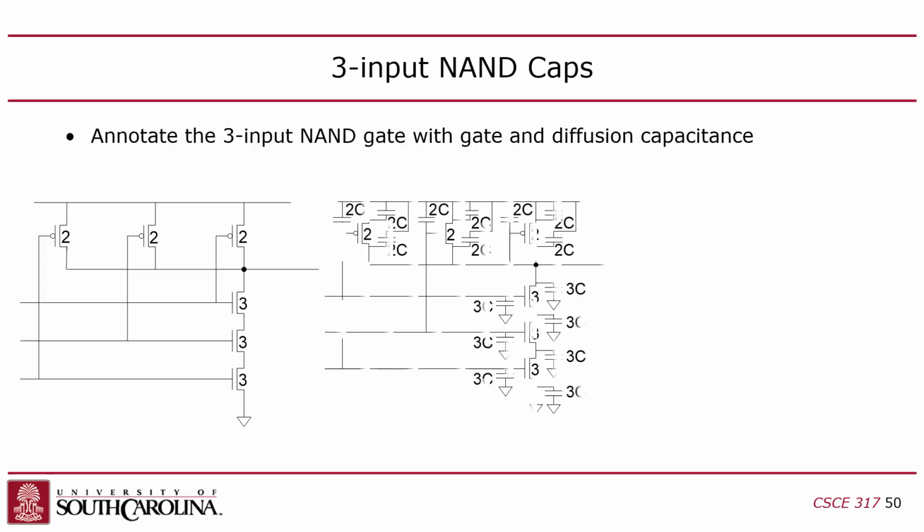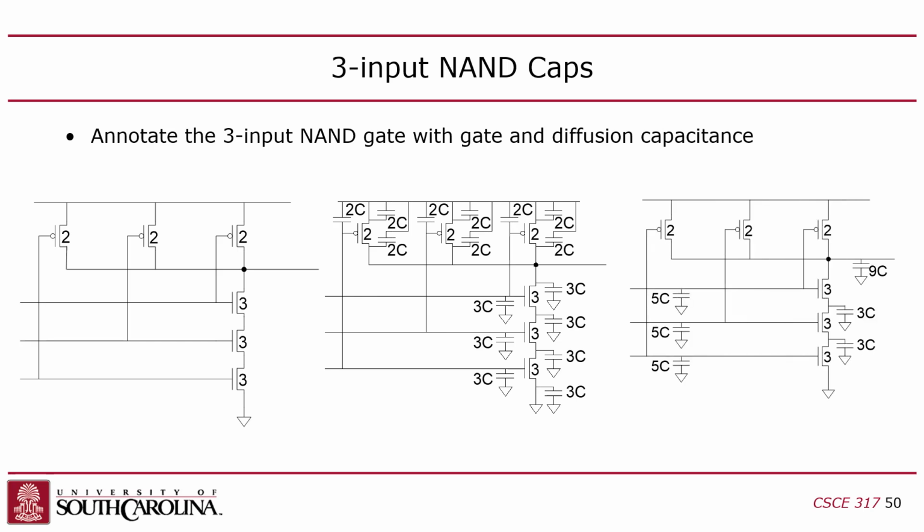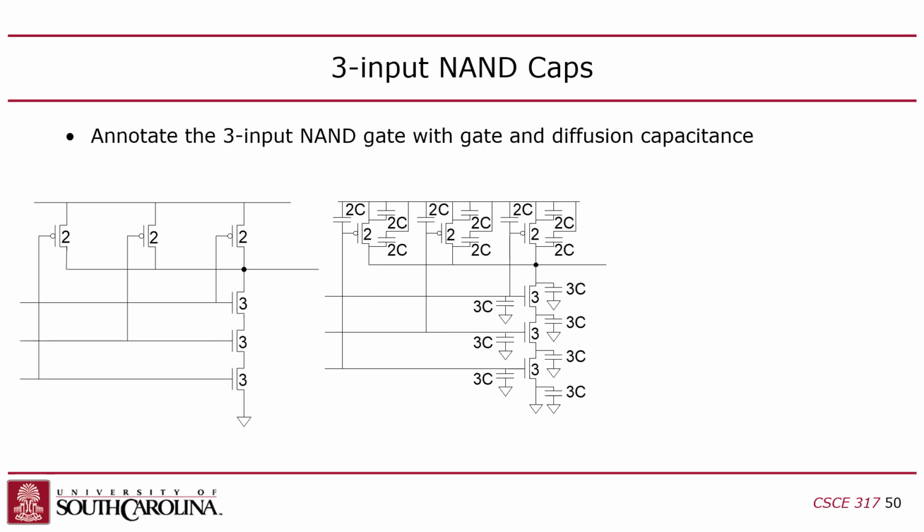Okay, well, the problem here is that you have to replace each one of these transistors with our RC model. And so you've got to figure out which drain capacitances you can eliminate.